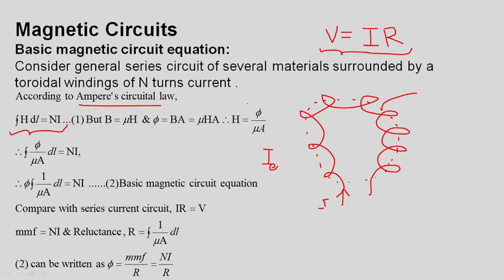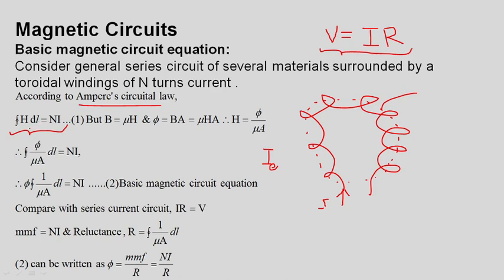Then see here dl, the length element of this Amperian loop. The direction of dl is tangential at each and every part of this circle. Then vector H is also tangential, so the angle between H and dl is 0. So H dl cos 0, and cos 0 is 1.